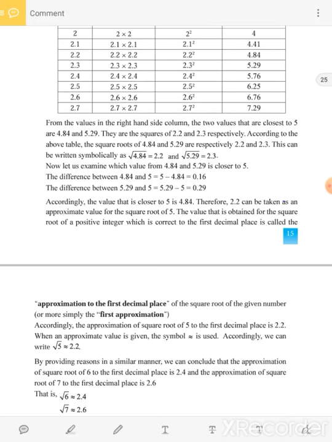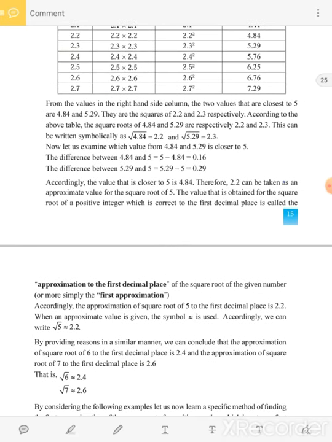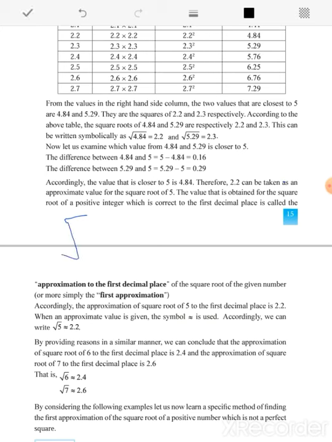Square root of 7. So 7 is in between 6.76 and 7.29. So the difference between 7 and 6.76 is equal to 0.24.